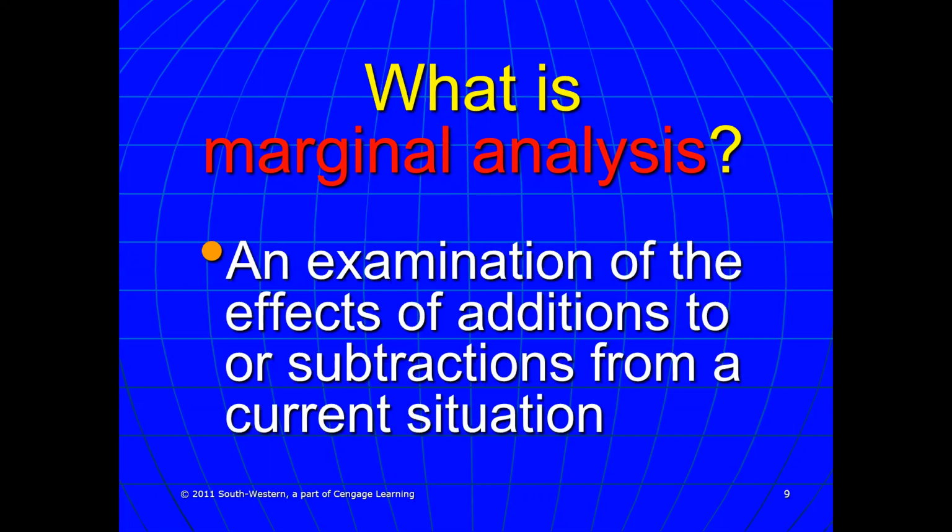So whatever your status quo is, let's pretend that you're taking 4 classes this semester. You have to take 4 classes to be full-time. Should you take a 5th class? So your current situation is 4 classes. What would be a marginal analysis? It's looking at the additional study time of that 5th class. How much is it going to cost you, given that you're already going to be studying for 4 classes, and can you handle it?